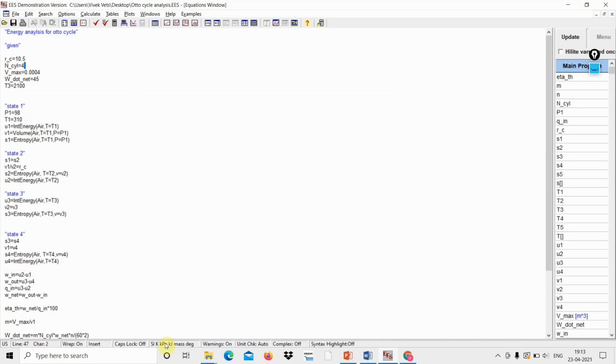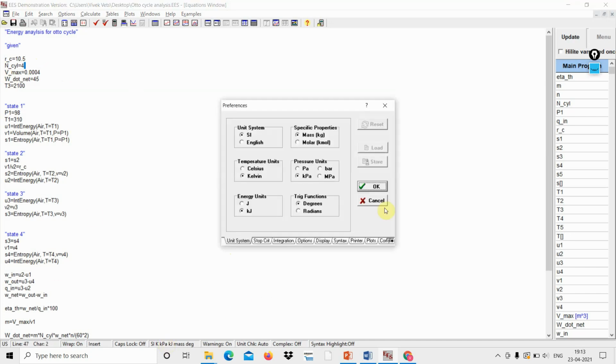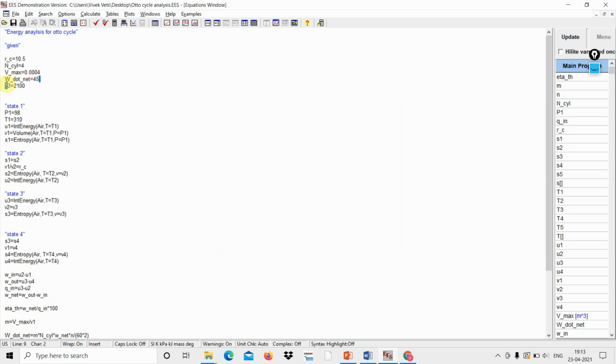The conversion can be done via this tab, where you may select SI units, mass, Kelvin, kilopascal, kilojoule, degree, radian. We may also change this. W net power was given as 45 kilowatt and T3 was given as 2100 K.